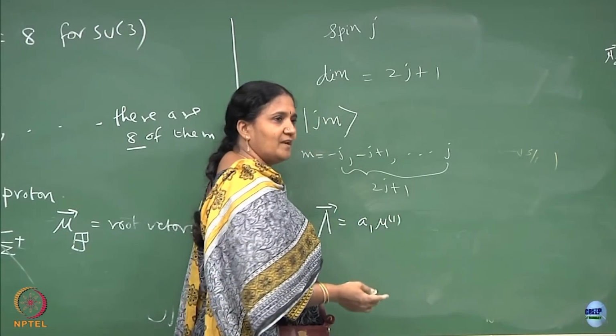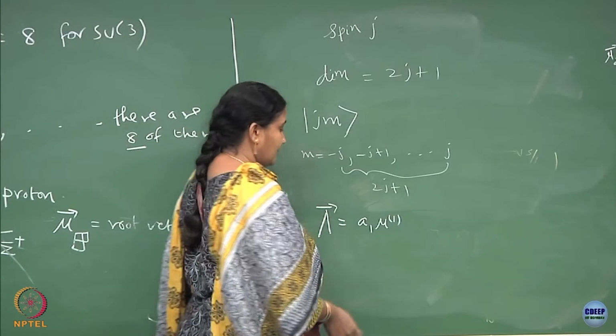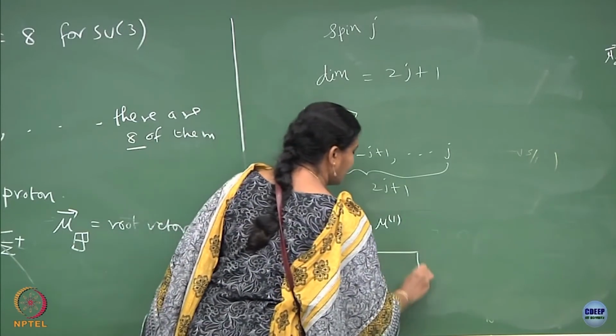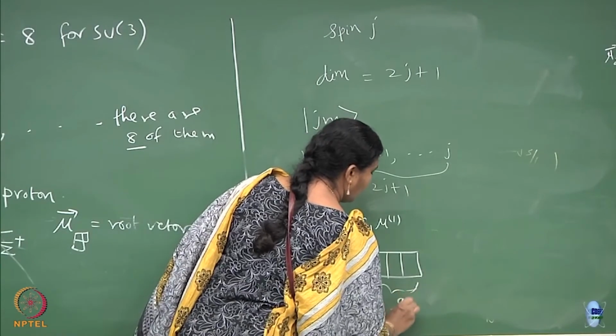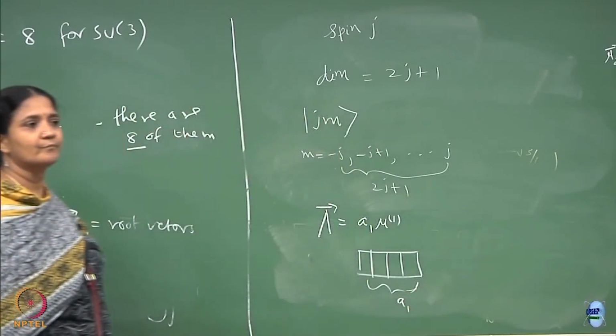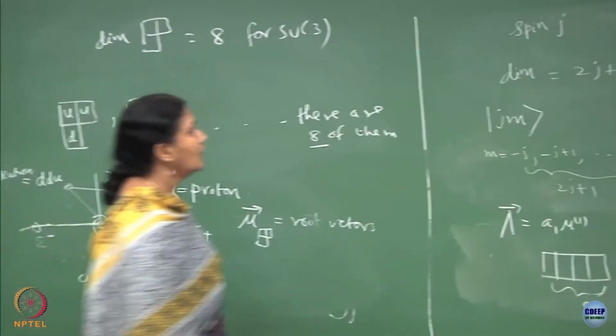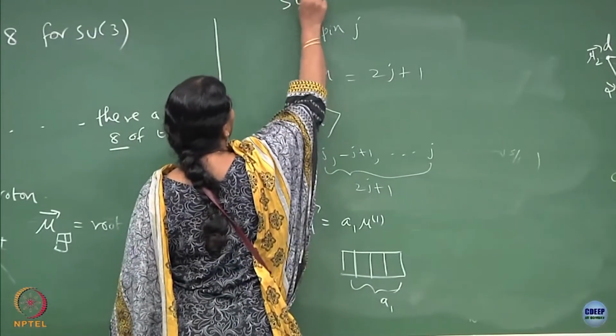A vector has no meaning because it is just one component. So, this can be written as A1 boxes. This is the diagram for SU2, right.